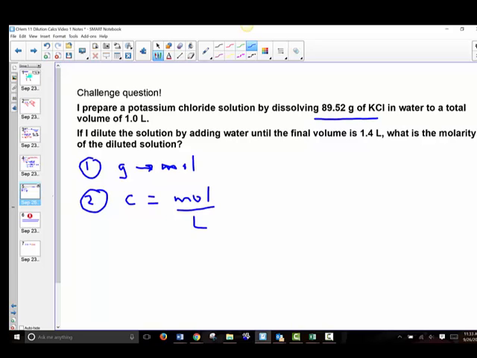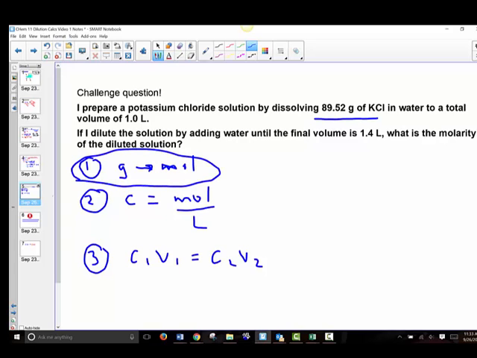And that will be my C1, my original concentration. And then I can do my dilution calculation, which is, we use that formula, C1 V1 equals C2 V2, solving for C2. So let's start with our very first step here, which is going from grams to moles. Let's go ahead and do that.